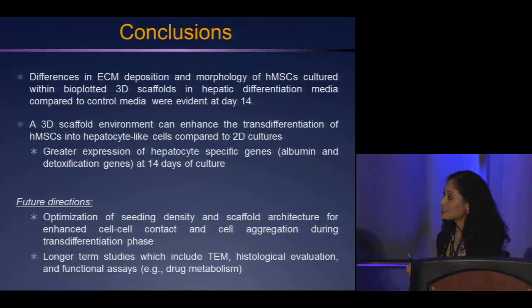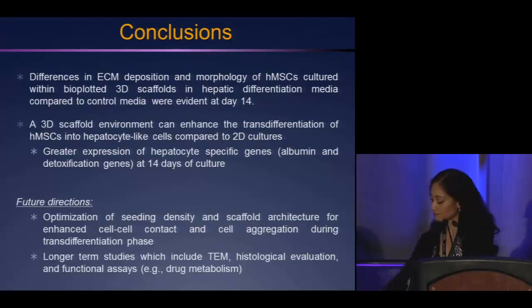The cell-cell contact is extremely important for maintaining the viability and function of liver cells, so we really wanted to increase this cell-cell contact, especially during the transdifferentiation phase, as well as longer-term studies, which include intracellular analysis of the components that are specific to liver cells through transmission electron microscopy, histological evaluation of liver-specific matrix molecules, as well as functional assays. Do these cells have the capacity to metabolize drugs?